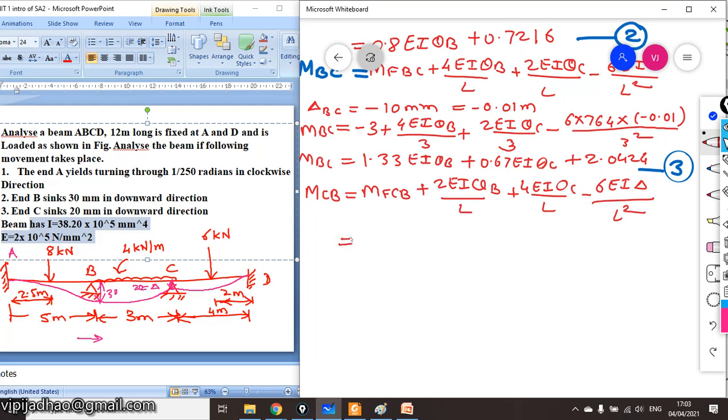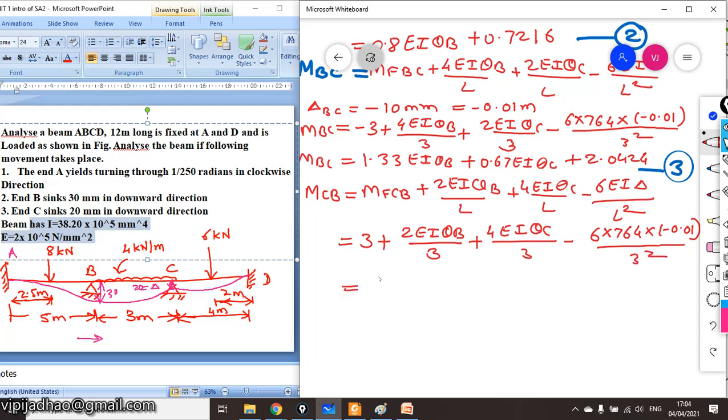We have already calculated the value of MFCB, that was 3 plus 2EI theta B divided by L, where L will be 3 meter, plus 4EI theta C divided by 3 meter minus 6. Again here write down the value of EI as 764, delta is minus 0.01 meter, divided by 3 square.